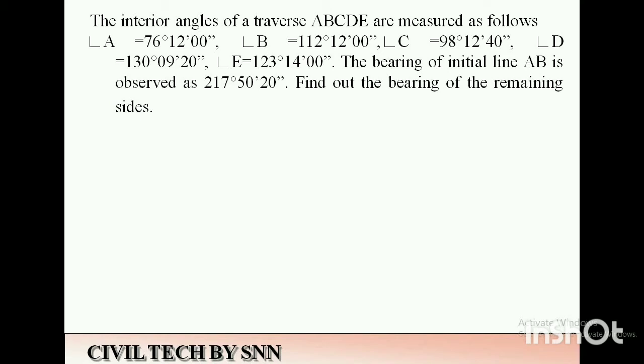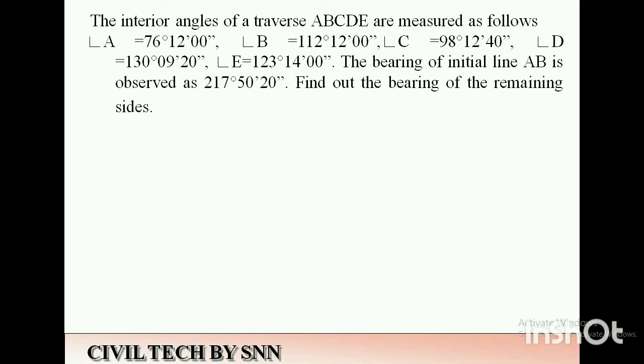The interior angles of traverse ABCDE are measured as follows. Angle A is 76 degree 12 minute 0 second. Angle B is 112 degree 12 minute 0 second. Angle C is 98 degree 12 minute 40 second.